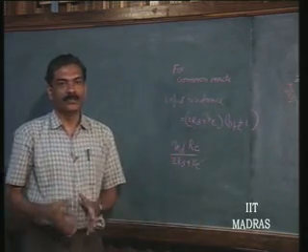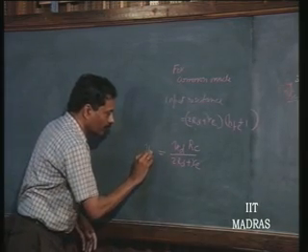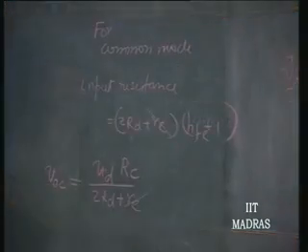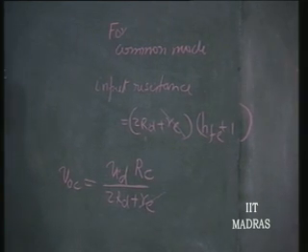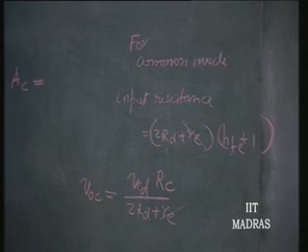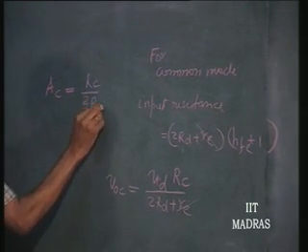So, this is nothing but the common mode output voltage. Common mode gain is going to be equal to RC divided by 2 RD.